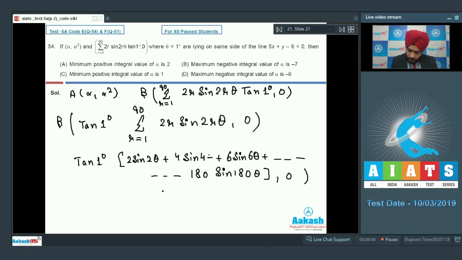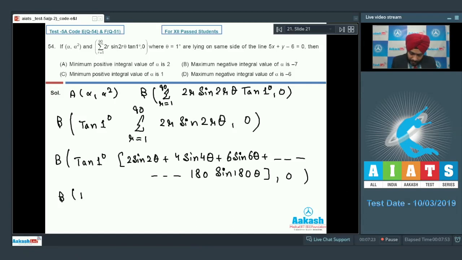comma 0. Students, theta is given to be 1 degree. So when you put 1 degree here, you will get 2 sine 2 degree, 4 sine 4 degree, 6 sine 6 degree up to 180 sine 180 degree. This can be represented as the series of sum of the supplementary angles over there, 2 degree and 178 degree, 4 degree and 176 degree. So the terms will get combined and the answer of the term within the square bracket will come out to be 90 into cot 1 degree.